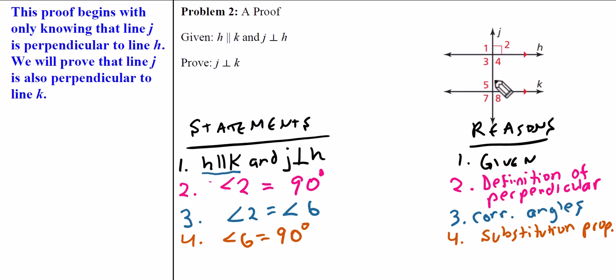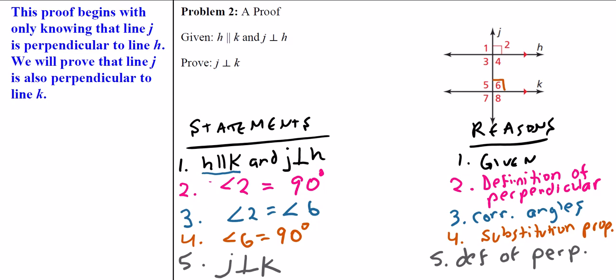That means if angle 6 is 90 degrees, what kind of lines form 90-degree angles? Well, we know that perpendicular lines, when they intersect, form 90-degree angles. They form right angles.